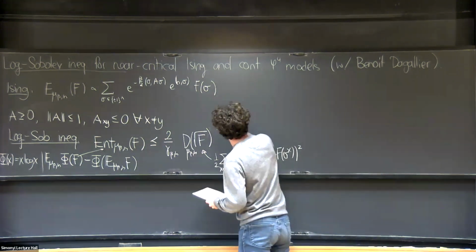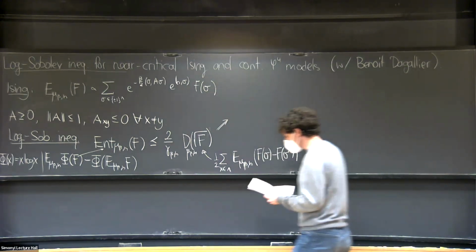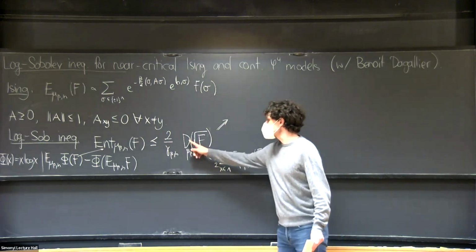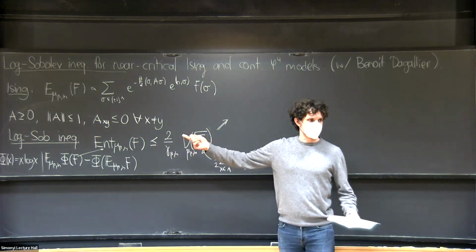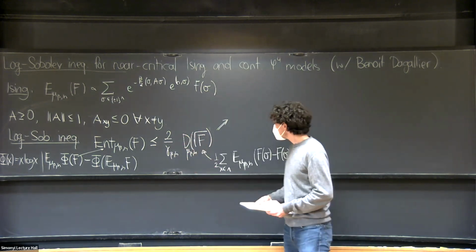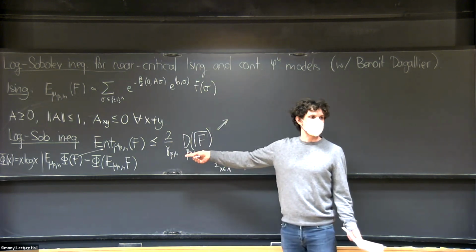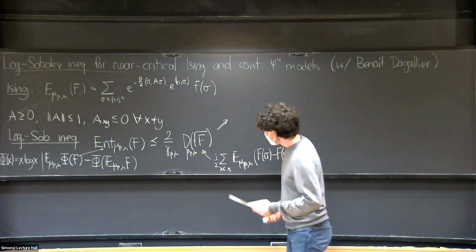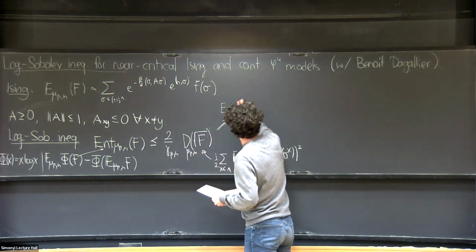And its relevance is that it gives a good bound on how, so this is a Dirichlet form. So there's a dynamics associated to it, which is the continuous time Glauber dynamics. And the question we're interested in is how fast does it relax to the invariant measure? And the Log-Sobolev constant gives the rate in the measure of relative entropy.